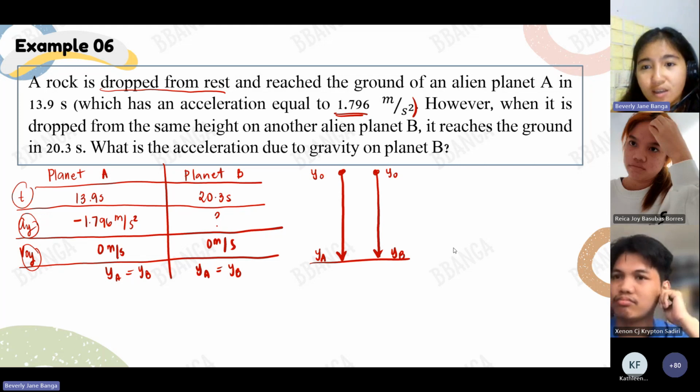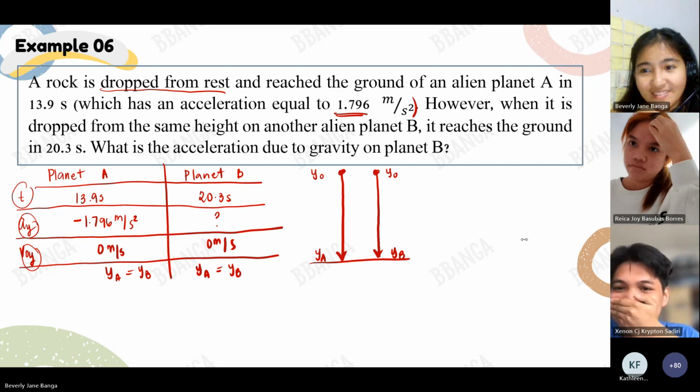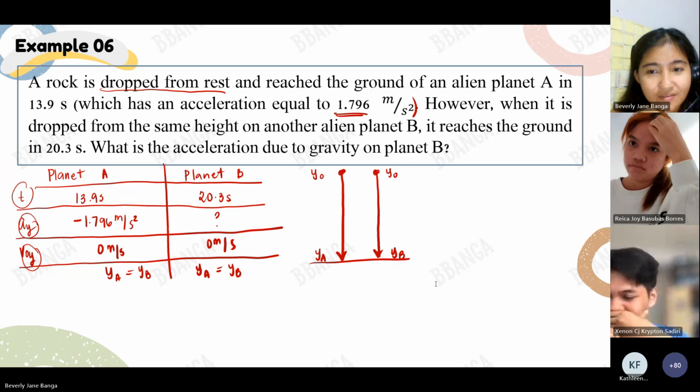Sabi ko sa inyo klase, kaibiganin niyo si Nika, ang bilis niya mag-solve, oh. Ano pa? Others? Sige, I'll wait for a few minutes more for the answer from others.